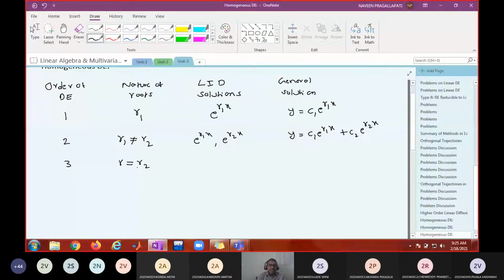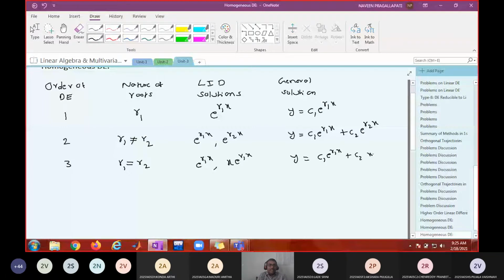If the roots are distinct, you have two independent solutions. If the roots are equal, the independent solutions are e power R1x and x e power R1x. When you take the linear combination, it is C1 e power R1x plus C2 x e power R1x.